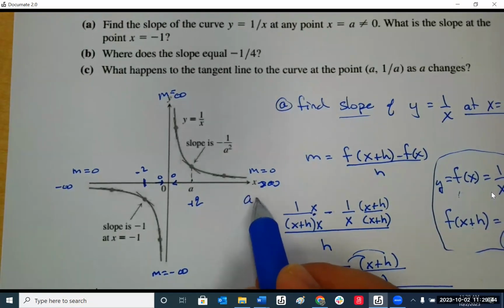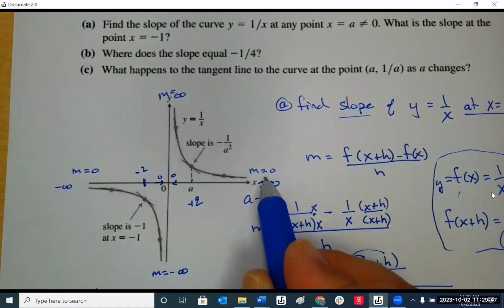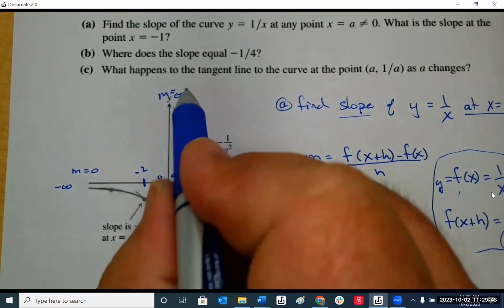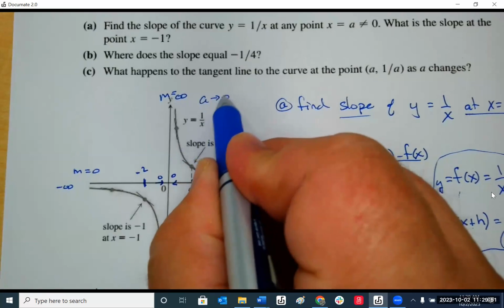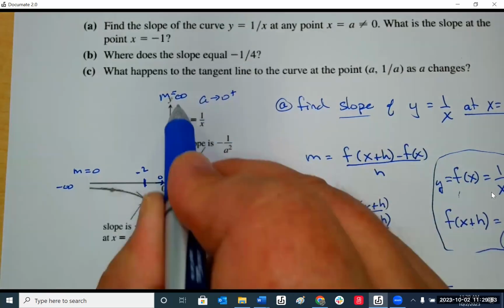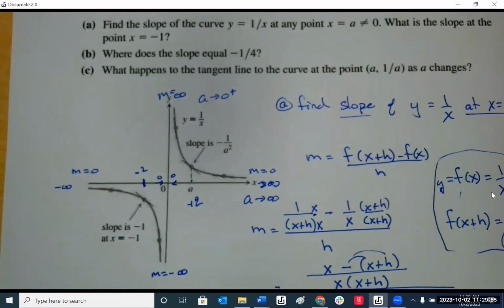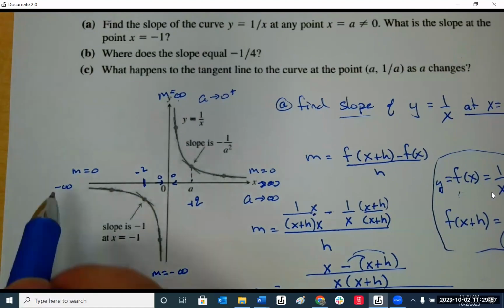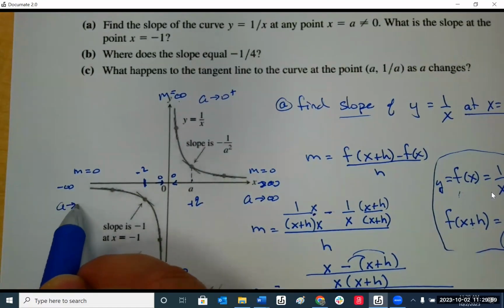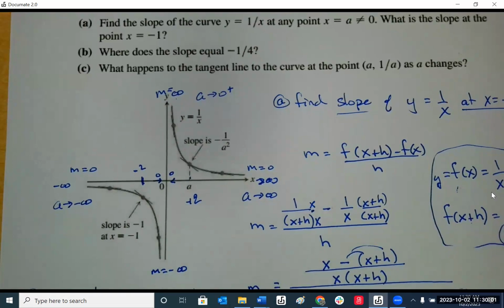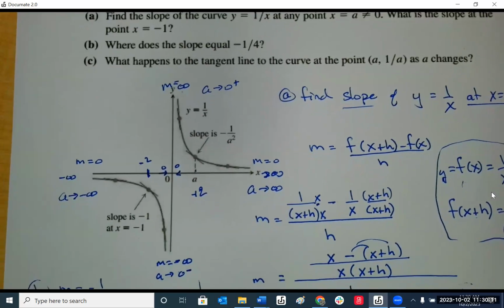As a goes to infinity, slope goes to zero. As a goes to zero from the right, the slope goes to positive infinity. As a goes to negative infinity, the slope goes to zero. And as a goes to zero from the left, it goes to negative infinity.